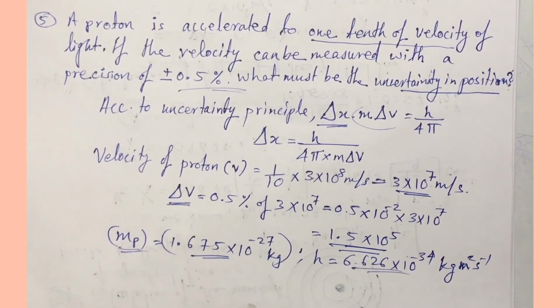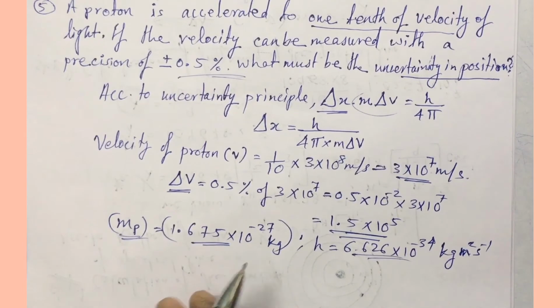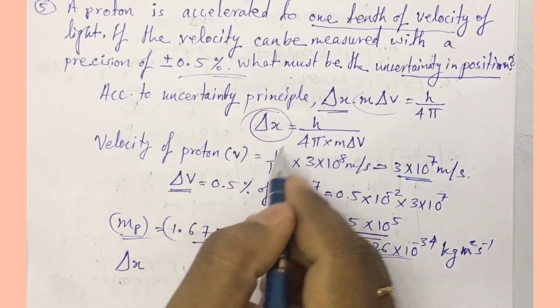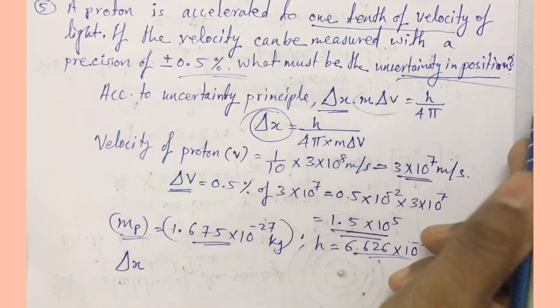Okay, now what we have to find out is actually our delta x, the uncertainty in the position.